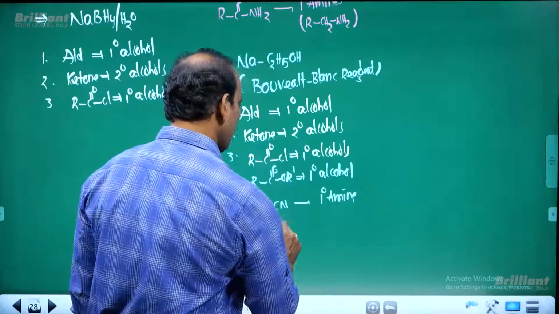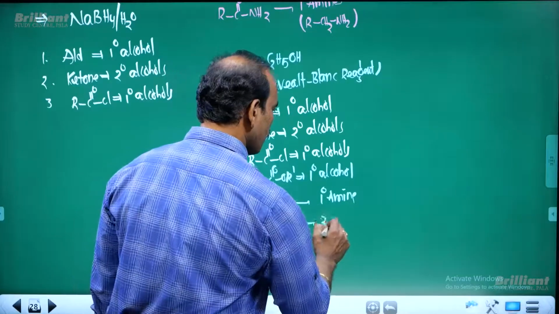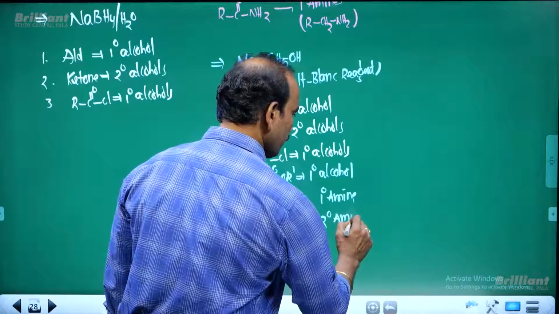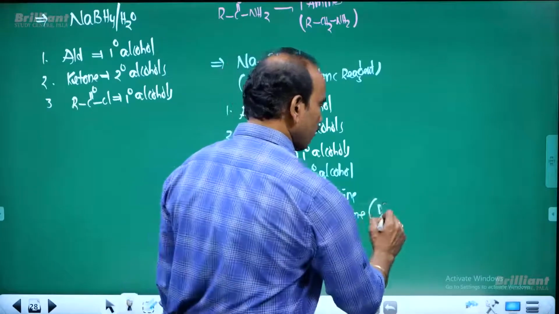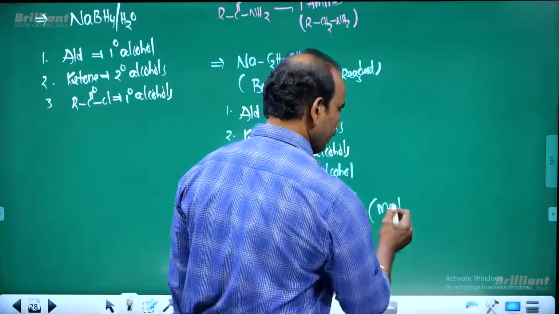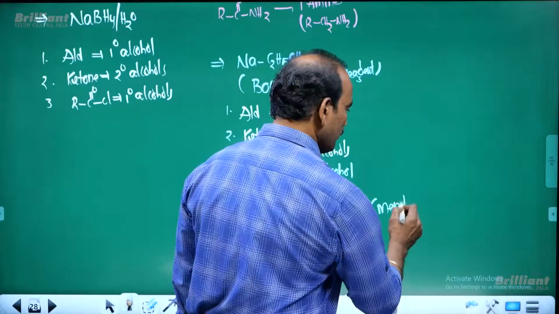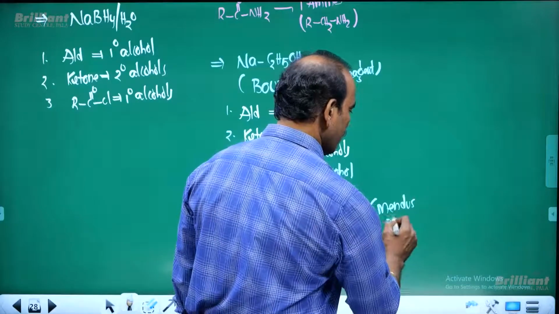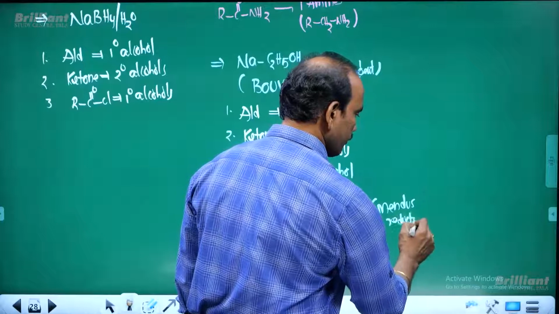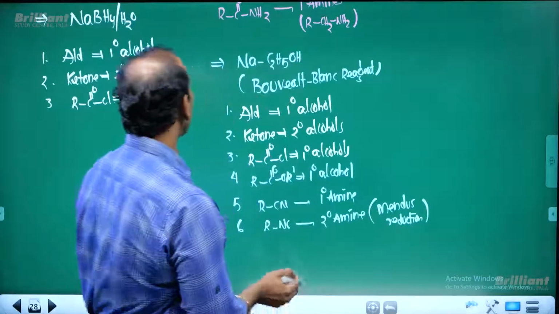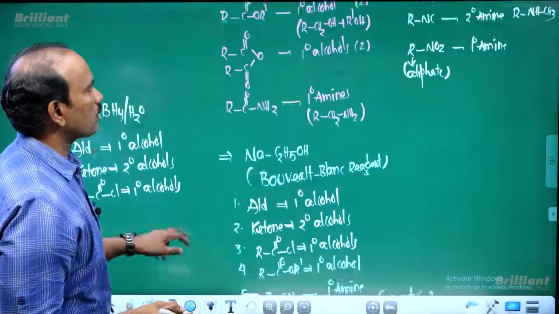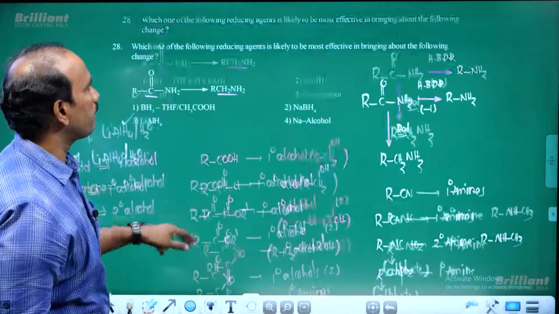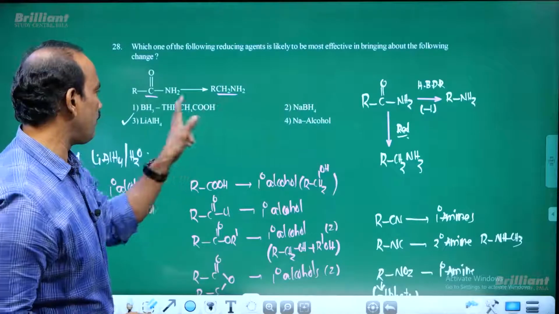Then RNC changes to secondary amines. Generally, this is called Mendius reduction. Okay, no? This is Bouveault-Blanc, then NaBH4.